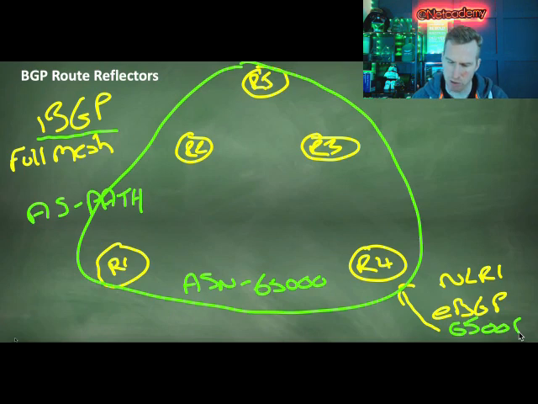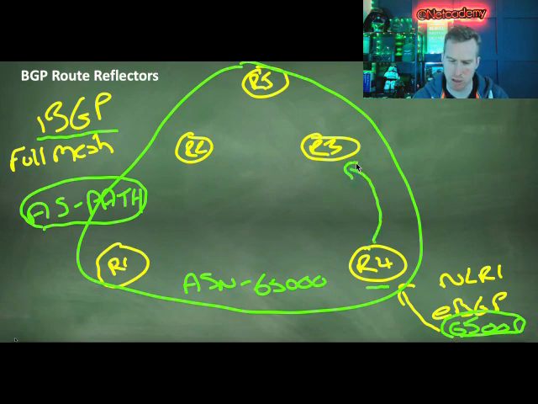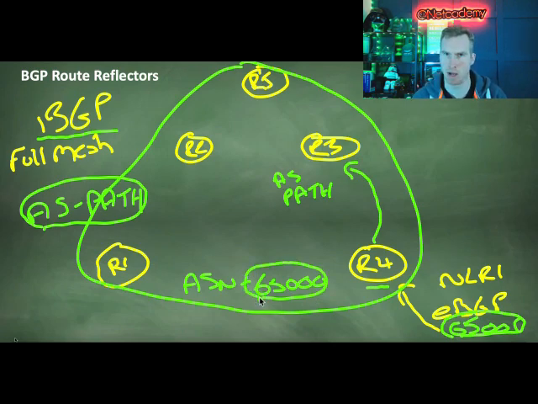As this route comes in, R4 is going to see within the AS path, which is one of the BGP path attributes, that it has originated from whatever autonomous system, maybe from autonomous system 65101 itself. But then when it advertises that NLRI, that prefix, on to router R3, R3 will check its AS path to see if ASN 6500 is contained within that AS path.